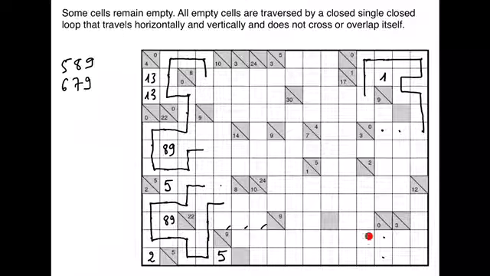Well, if it doesn't, it can't be two parts going straight, because then both cells would be taken in the loop and this 3 would be impossible.